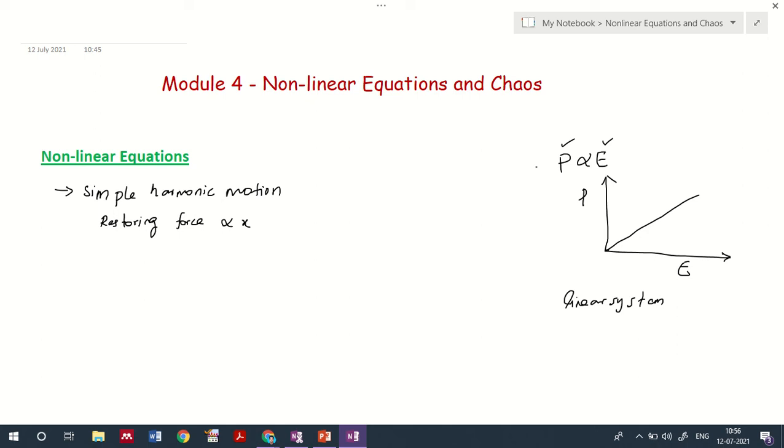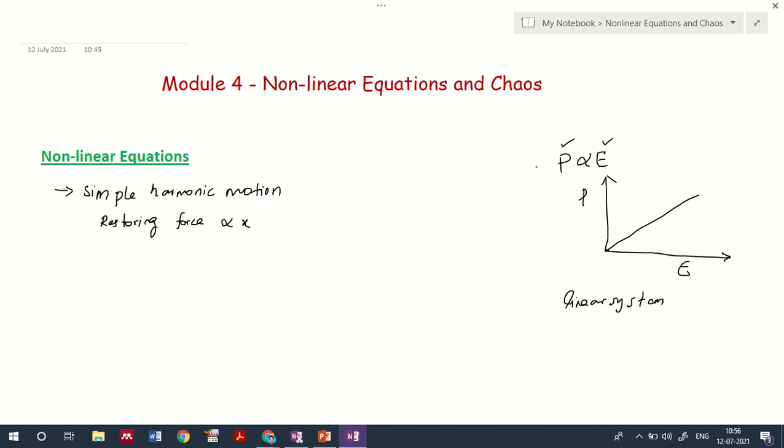For example, if you take a number of particles or balls inside a box and start vibrating the box, we cannot say exactly that all the balls will vibrate at the same frequency or execute the same displacement.